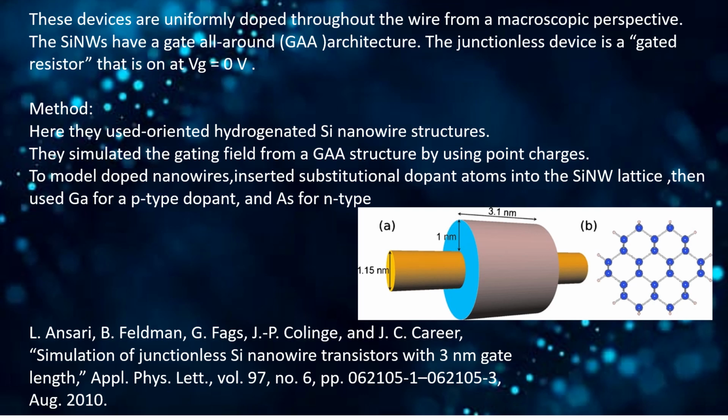These devices are uniformly doped throughout the wire from a microscopic perspective. The junctionless device is a gated resistor at Vg equal to 0 volt.